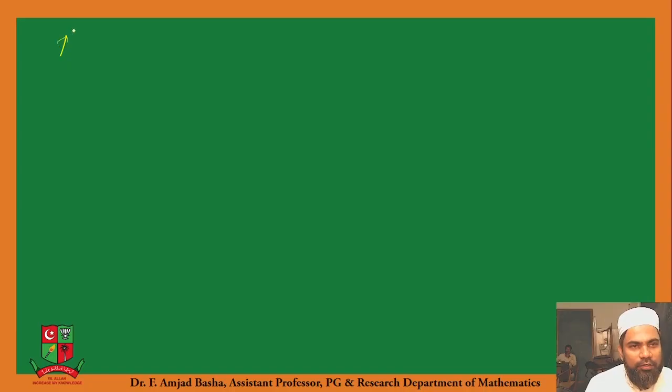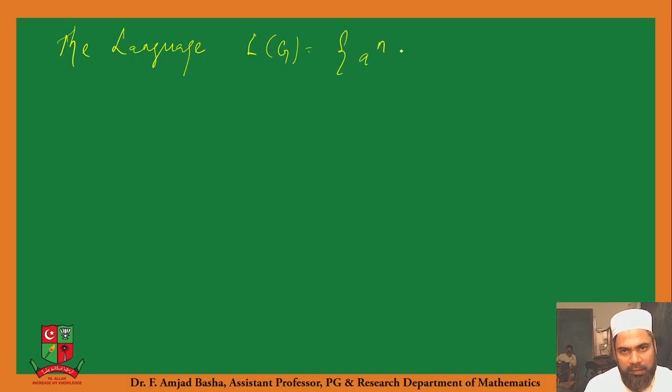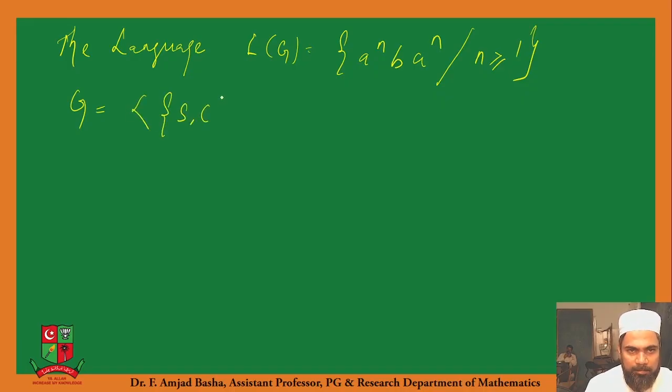The language which is generated by the context-free grammar is a power n, b a power n, such that n greater than or equal to 1, for which the grammar is G equals.